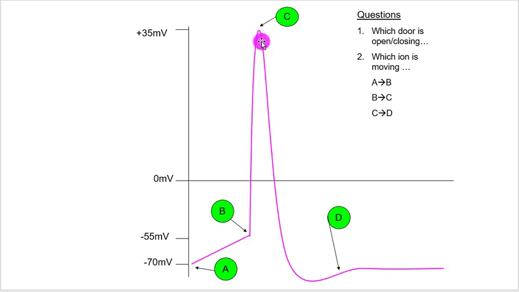First, plus 34, more potassium leaves, plus 33, more potassium leaves, plus 25, plus 15, 0, negative 10, negative 40, so on and so forth, until I overshoot just a little bit, and then I come back to resting membrane potential, because by then, potassium doors have closed.